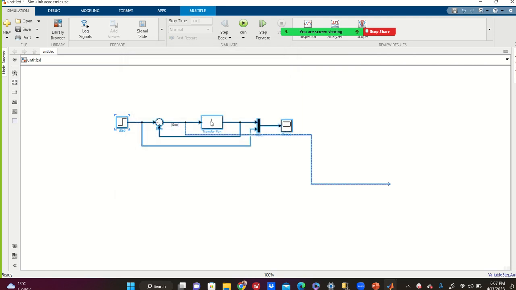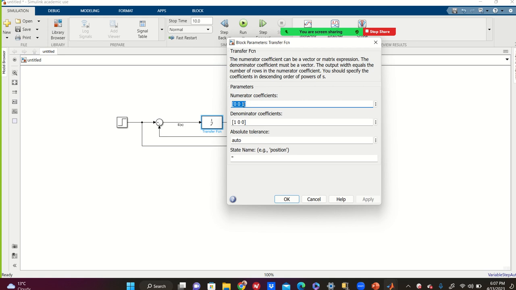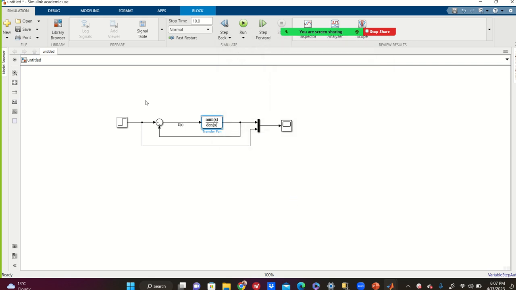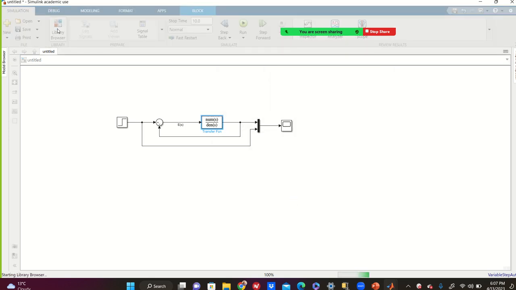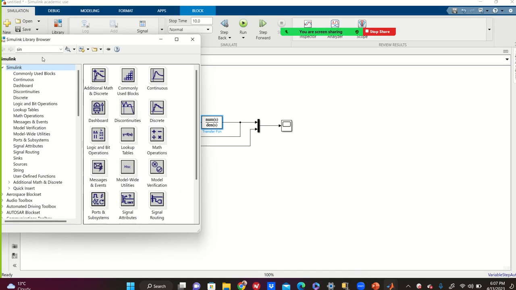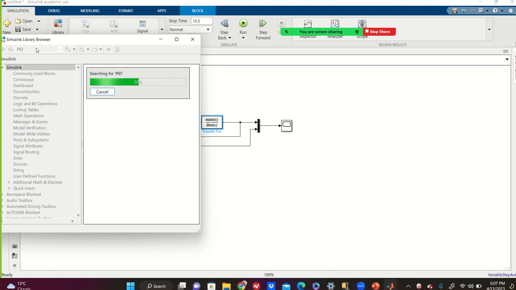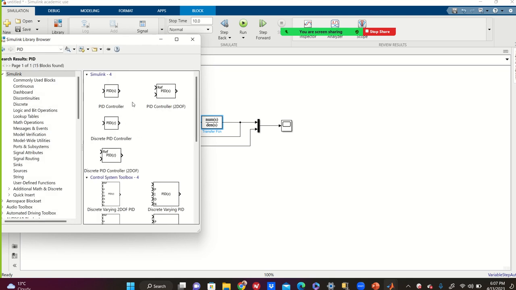Great. Then I'm gonna remove this. We don't need that. And now open loop transfer function of the system was 1 over s squared plus 9.81, the old natural frequency of the system. Now what I'm going to do, I'm going to go to the library and I'm going to type here PID. Here we go. PID controller. I'm just dragging, putting here.